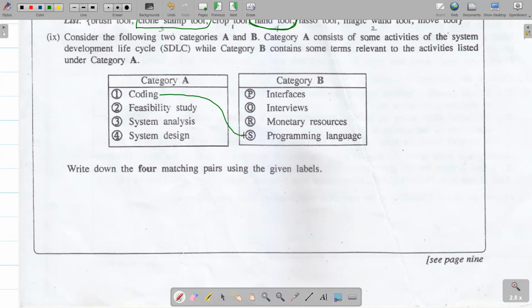System analysis goes with the interviews. System design goes with the interface. Feasibility study definitely goes with monetary resources. So that's how you are going to have it.